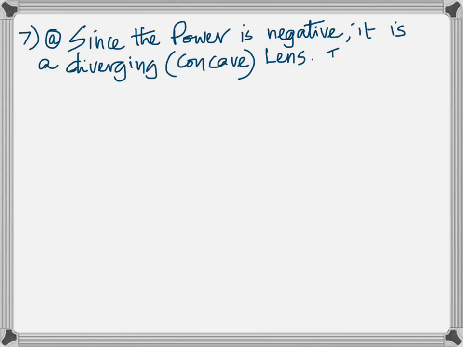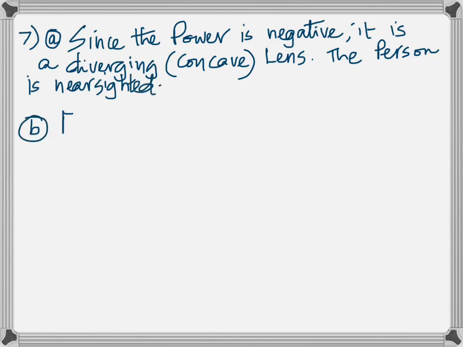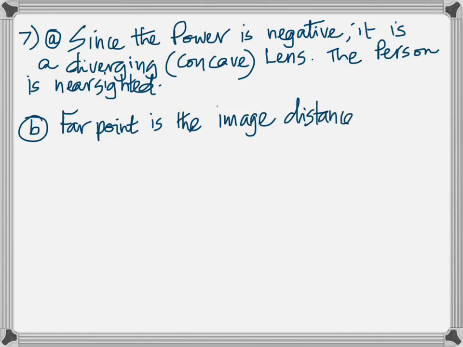Let me correct that. Nearsightedness is corrected using a diverging lens, while farsightedness is corrected using a converging lens. Well, in this case, the person is nearsighted. His far point. See, far point should be, he should be able to see up to infinity.